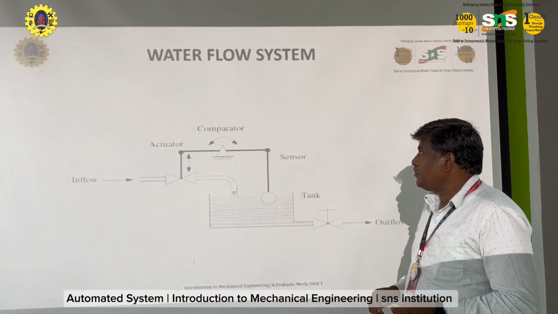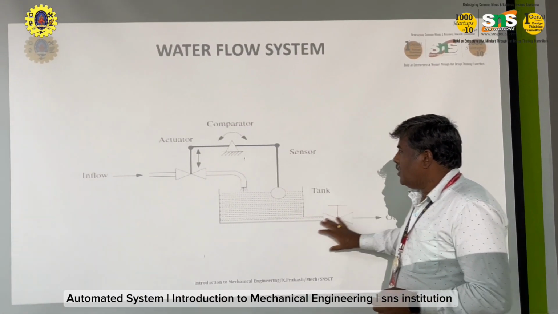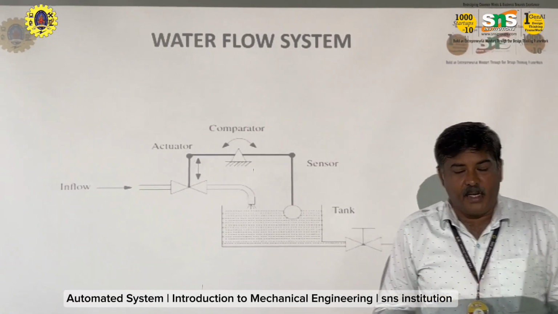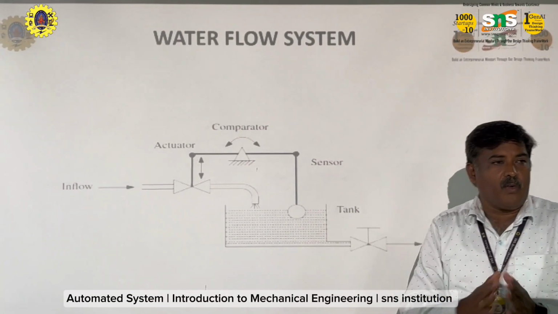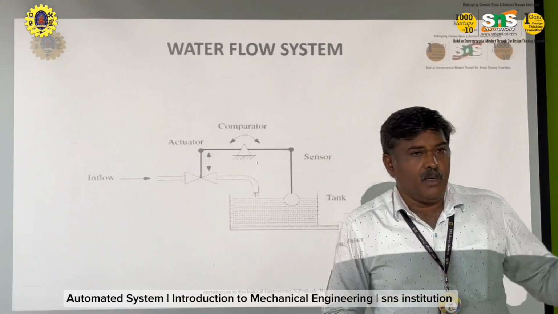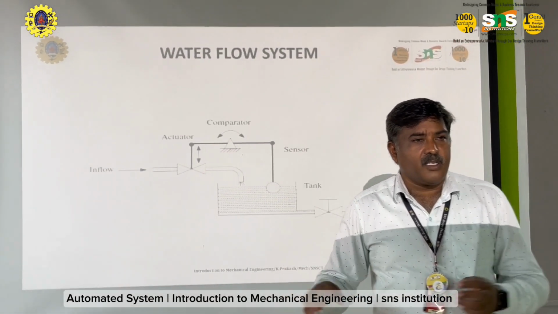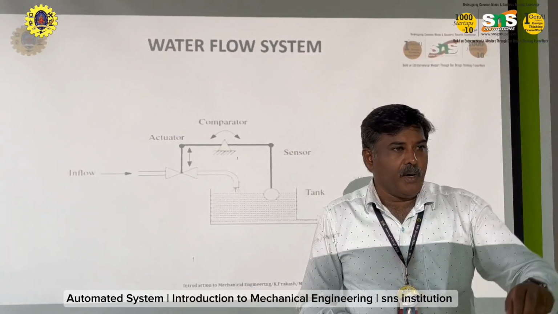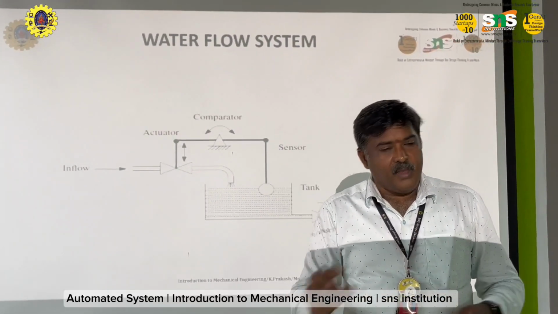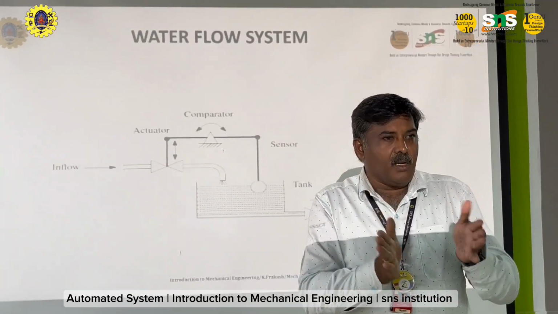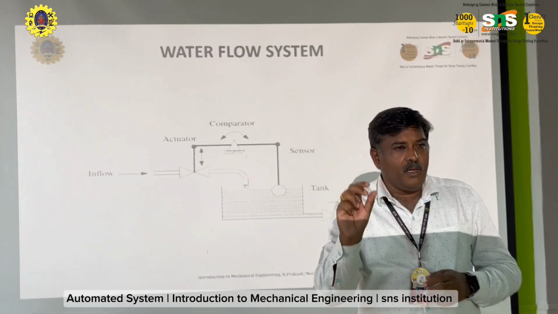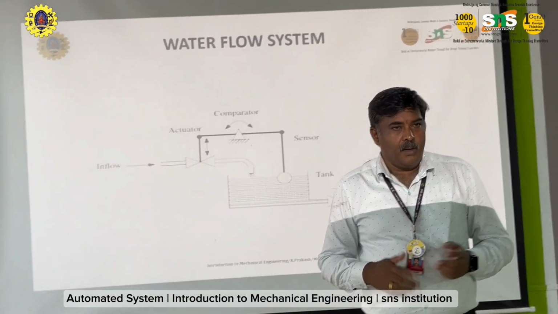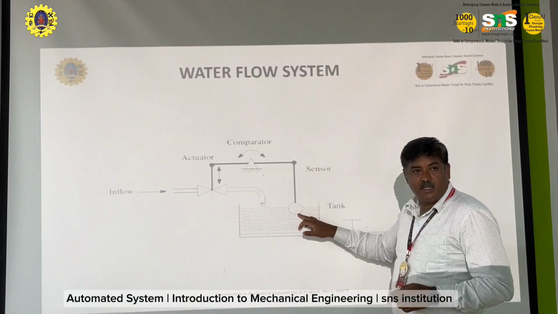This is a common water flow system. Why are we taking this as a small example? In normal water flow systems in your restrooms, the water system is controlled by mechanical means only. We use a flush to press the water, it goes away, and the level of water in the flush tank is controlled by the level of the screws. Everything is controlled by mechanical components, but here we can use sensors.